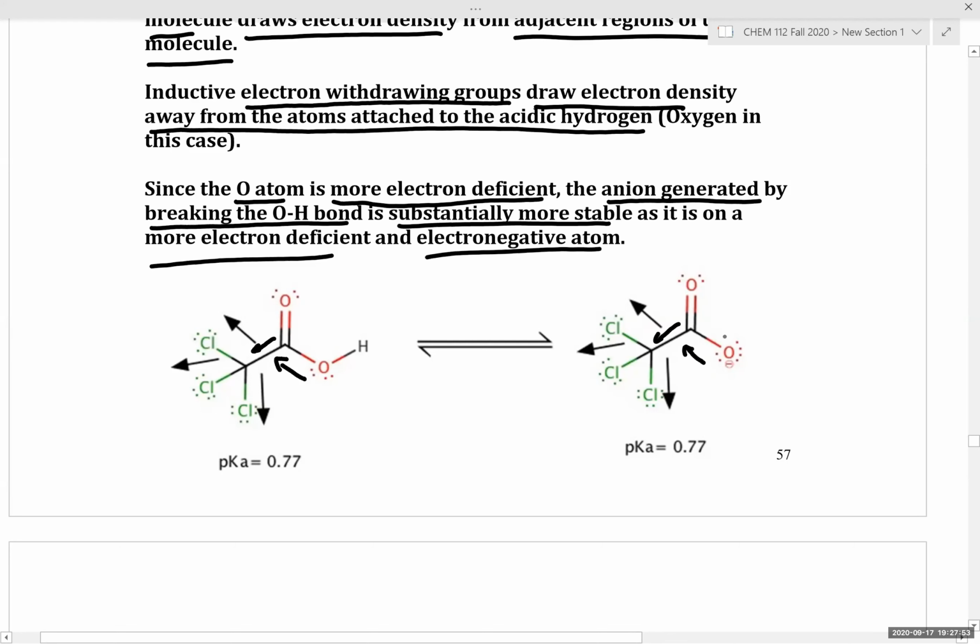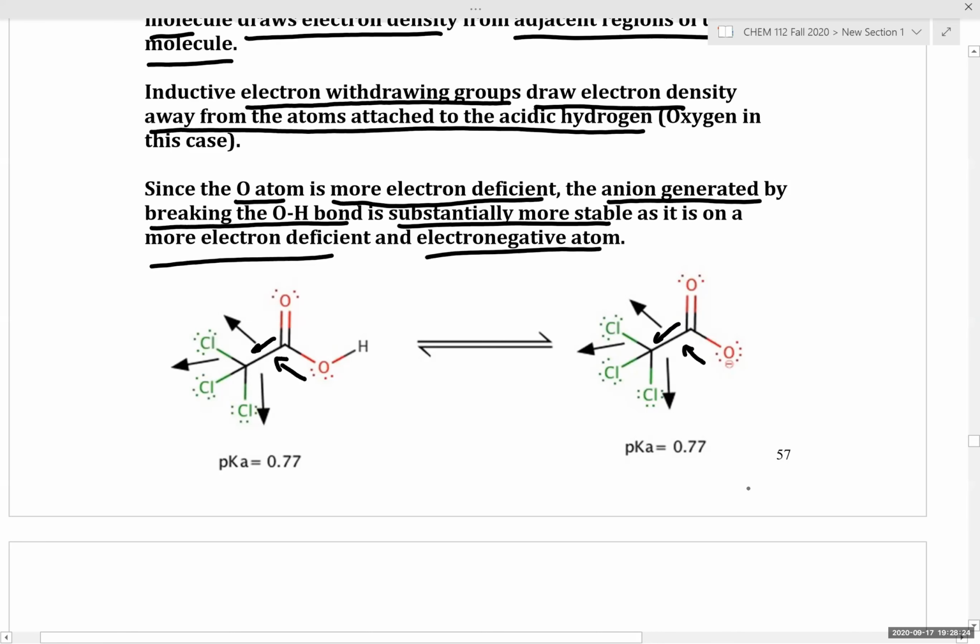Although this negative charge isn't explicitly being delocalized via resonance, all of the atoms in our molecule are now behaving as if they're more electron deficient. And just like our example with acetic acid, electron deficient atoms and electronegative atoms can stabilize our negative charge more readily.